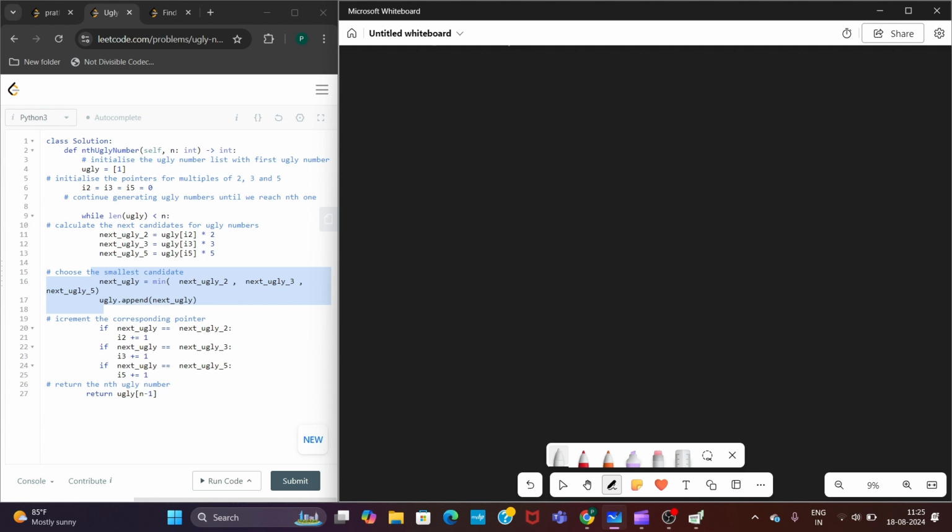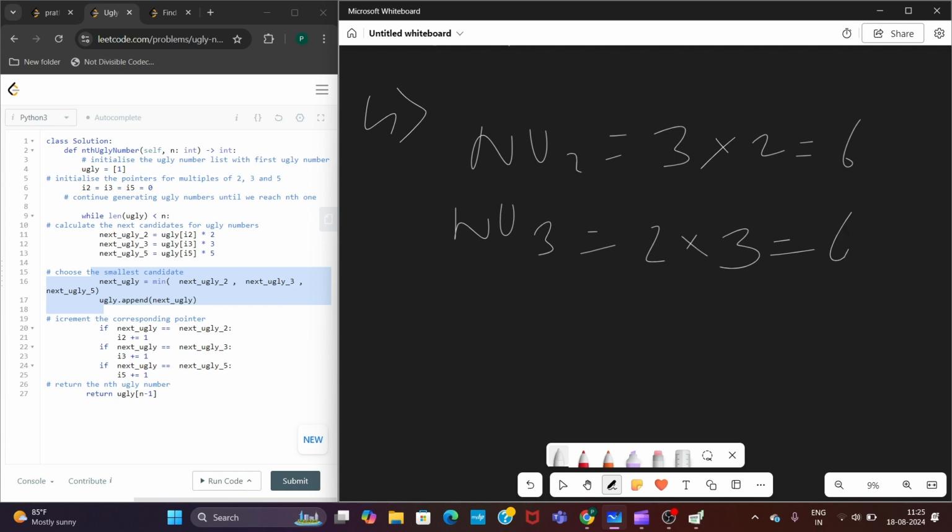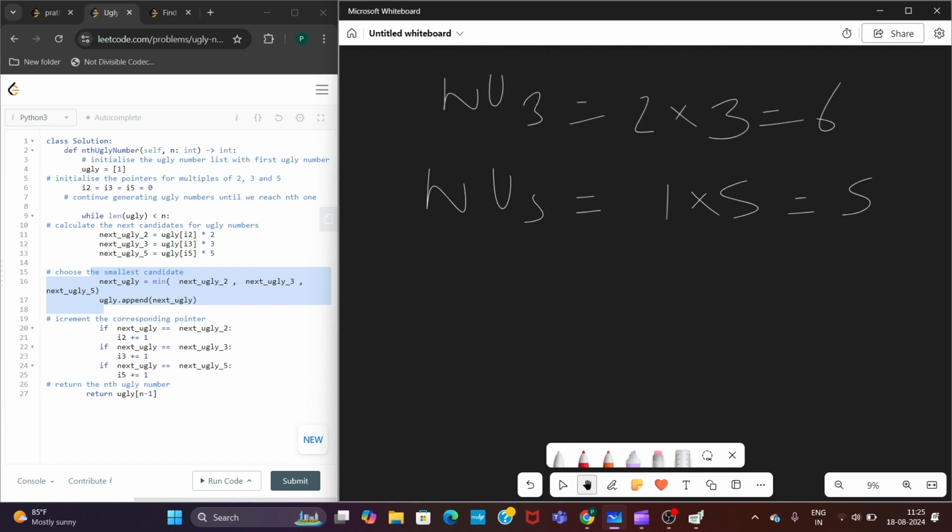Moving to our fourth iteration, my next ugly of 2 here is 3 into 2, which is 6. My next ugly of 3 is 2 into 3, which is 6. And next ugly of 5 is 1 into 5, which is 5.